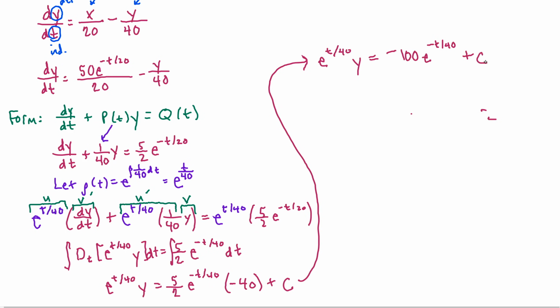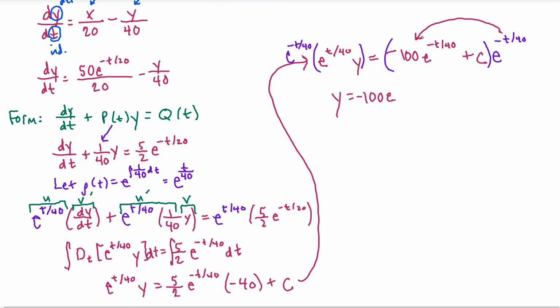Okay, almost there. Let's isolate y by multiplying both sides by e to the negative t over 40, and that includes both terms over here on the right side. We would obtain y equals negative 100 times e. Now we're adding these exponents, right? So think negative 1 over 40 times t plus negative 1 over 40 times t.